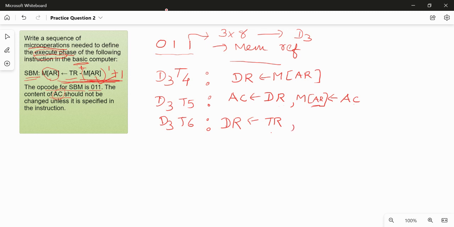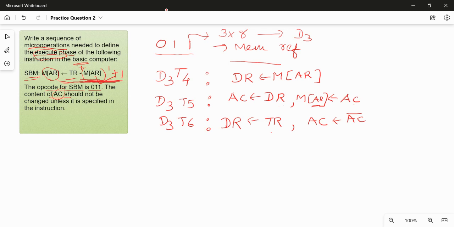Now, once this value is available in DR, you can think of adding the 2's complement of the subtrahend to this value. So let us utilize this time, as the common bus is occupied for this transfer TR to DR. Simultaneously, you can start complementing AC. You want to find 2's complement of the subtrahend, so that is again divided into two parts. First find 1's complement of it and then add 1 to it.